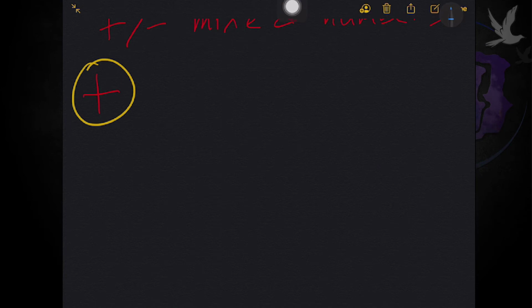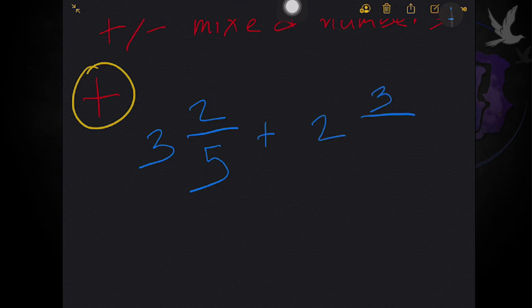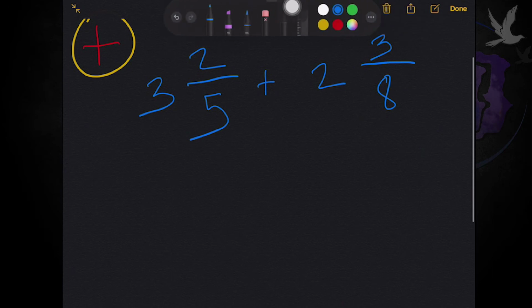For adding mixed numbers, let's say we have 3 and 2/5. I'll give you two examples for this. 2 and 3/8. Okay. So for adding, take note, okay?